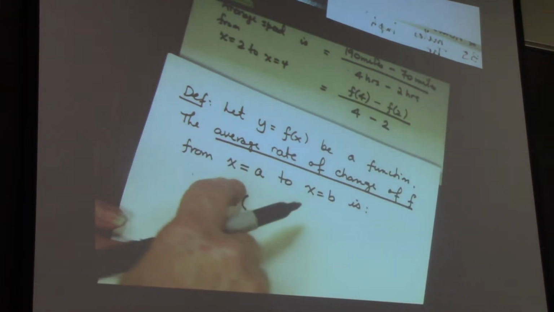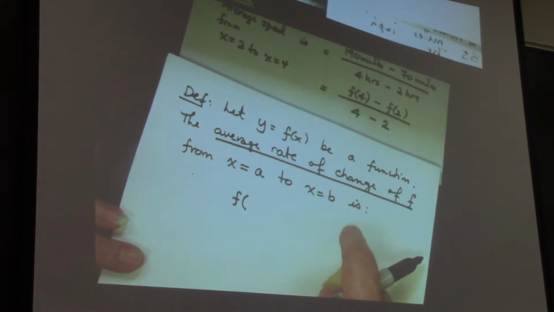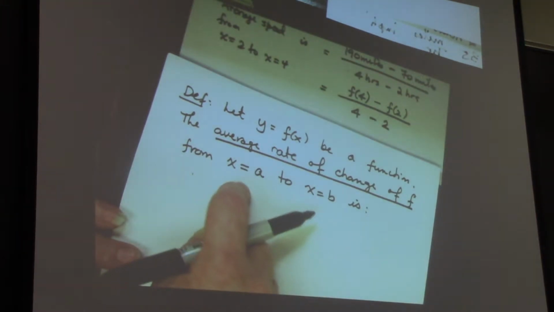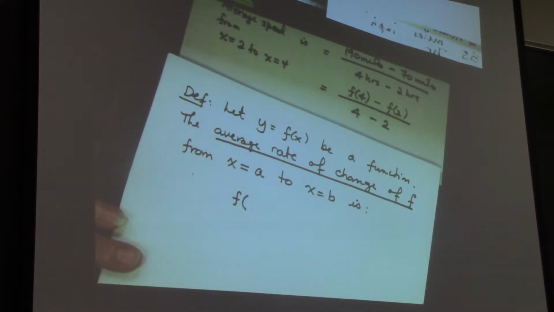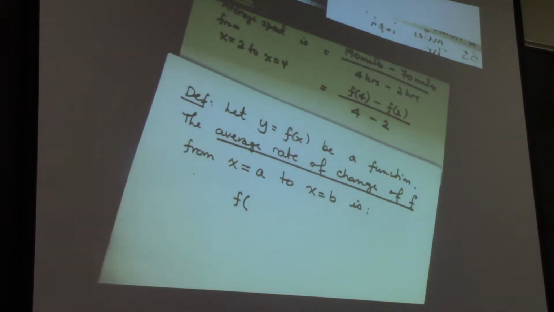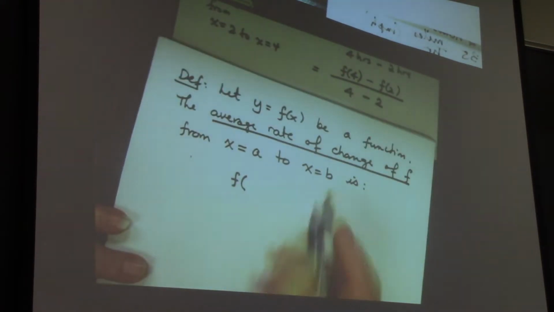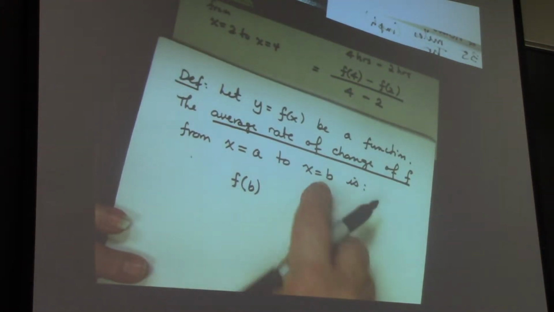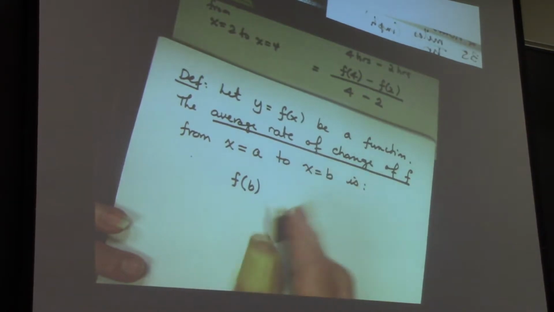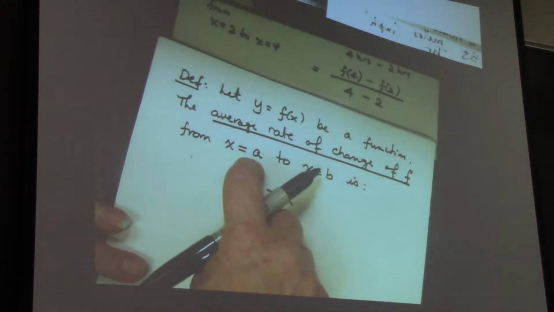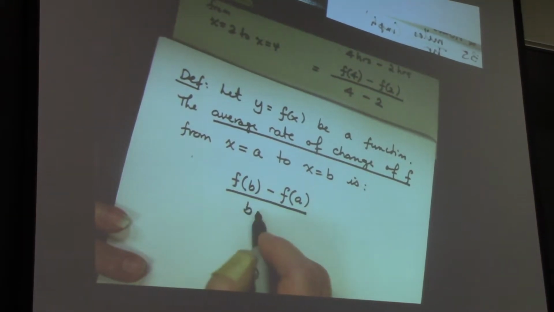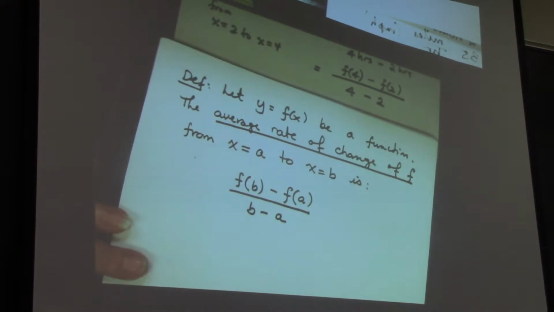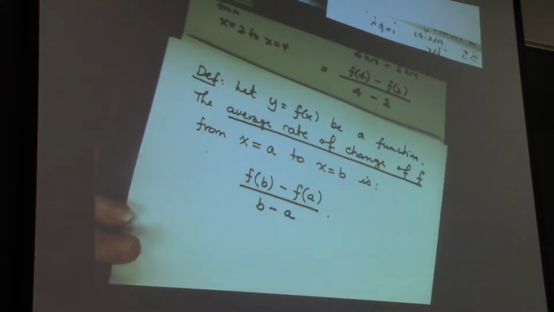And when I write from x equals a to x equals b, I'm really assuming that a is smaller than b, because you're going from here to here. Doesn't really matter, but it makes more sense. So f of the endpoint, f of the bigger number, minus f of the smaller number, divided by the bigger number minus the smaller number. So f of b minus f of a all over b minus a.